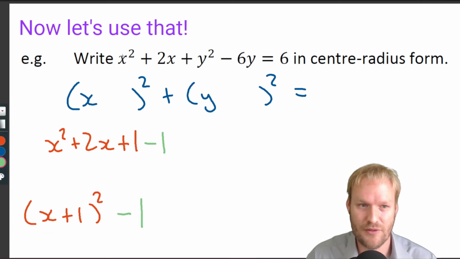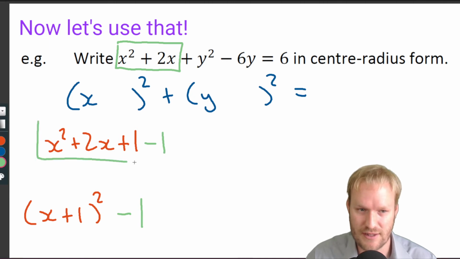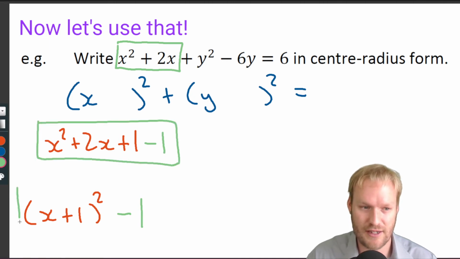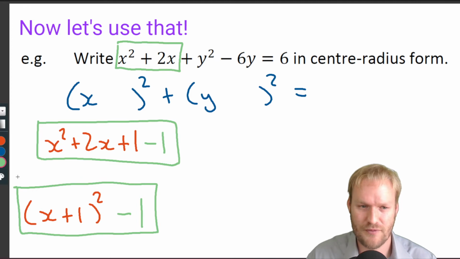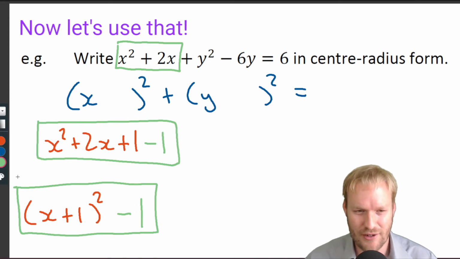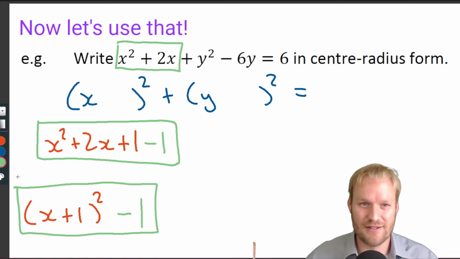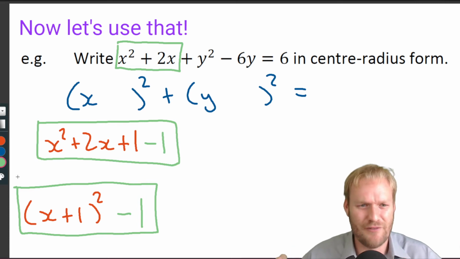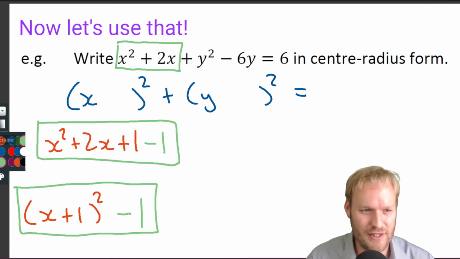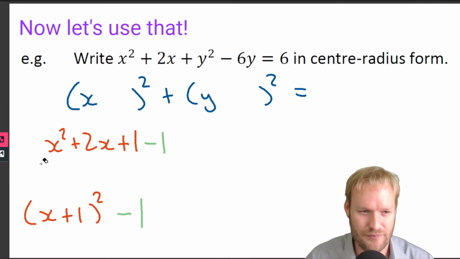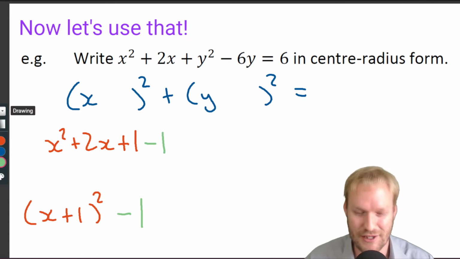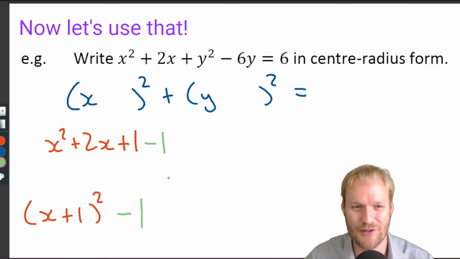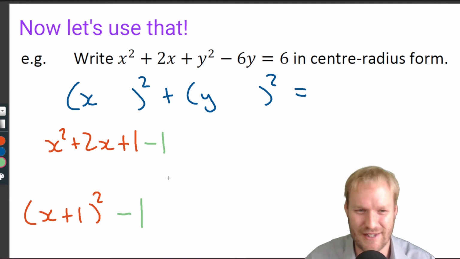So now this x squared plus 2x is the same as this, is the same as this. Okay, so that's how completing the square works. We can't just add something. We need to kind of compensate for it. So let's do the same with the y's. I'm going to do quite a few more examples. In the next video, we're going to do 4 like this. So we've got a lot to practice and get into these.